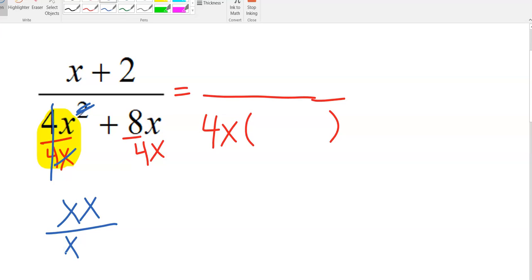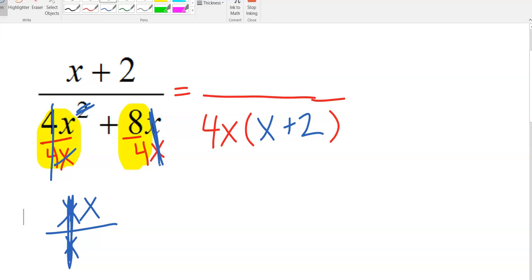In the bottom, we just have that one x that they had in common. One of those is going to cancel out. So I'm just going to be left with x right there. And now 8 divided by 4 gives me 2. And these x's just cancel each other out completely.